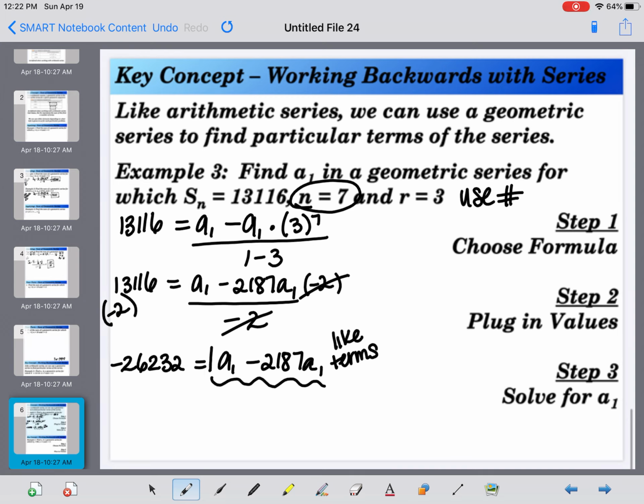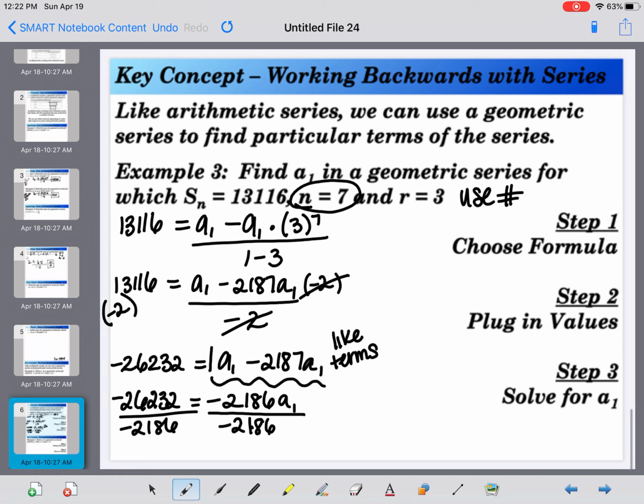We can do 1 minus 2187. It's the only way that we're going to be able to solve this problem. We can't figure out what a sub 1 is if a sub 1 appears twice in the problem. So we're just combining those coefficients.